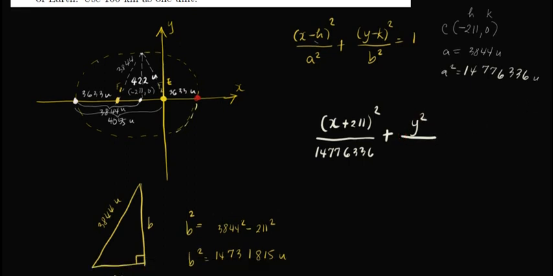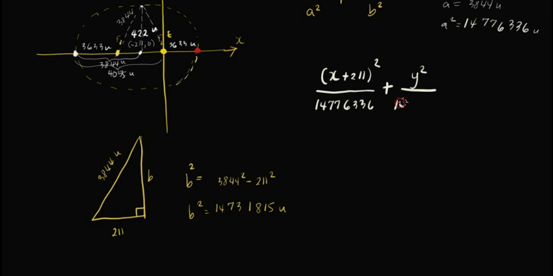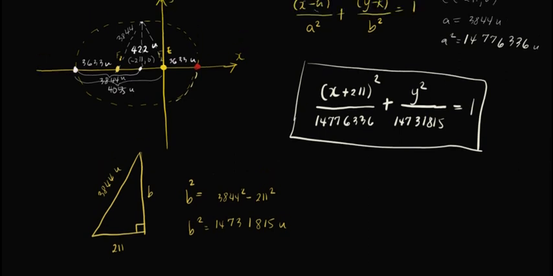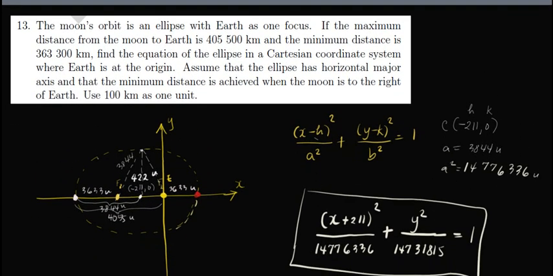We already got the value of b squared, which is 14,731,815 units, equals 1. And that's it. It's the equation of, I think, the path traveled by the moon. The moon's orbit.